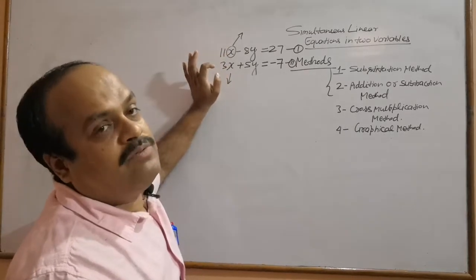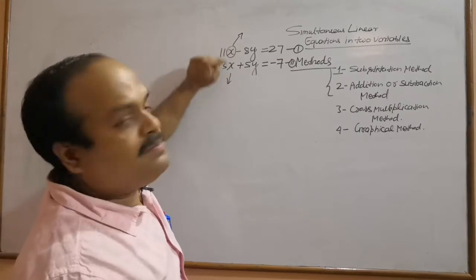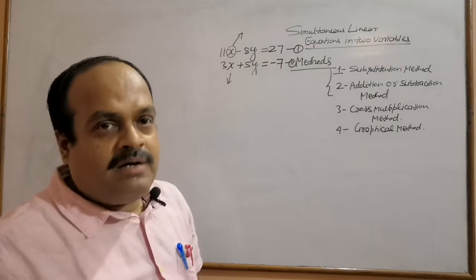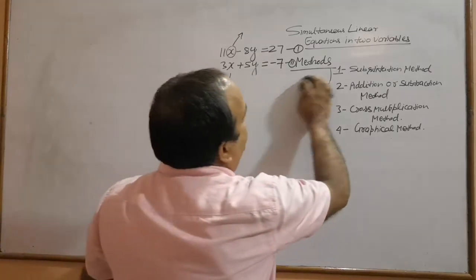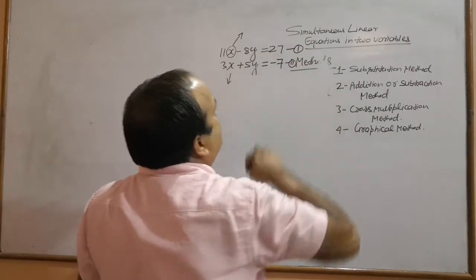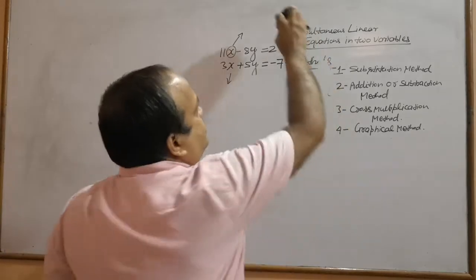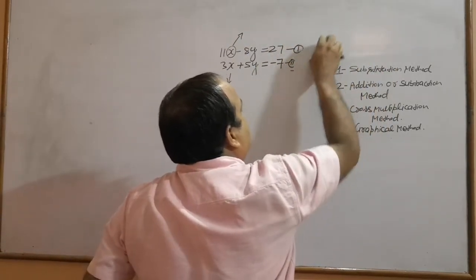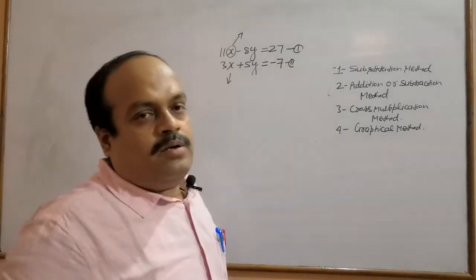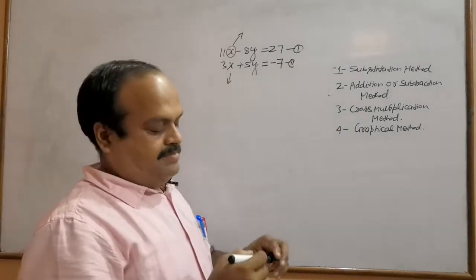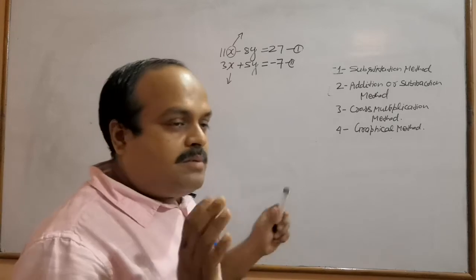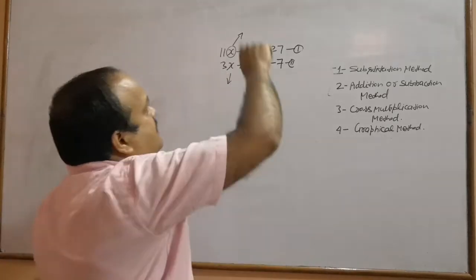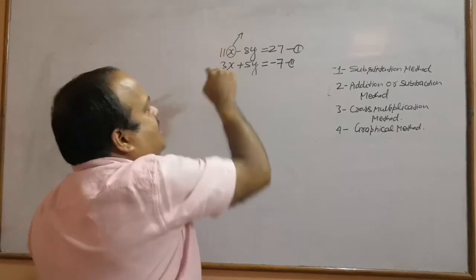So how can we make the coefficients of the terms of x the same in both the equations? For that we think of the LCM. I am not going to tell you the process that teachers use. We think of the LCM of the coefficients 11 and 3.